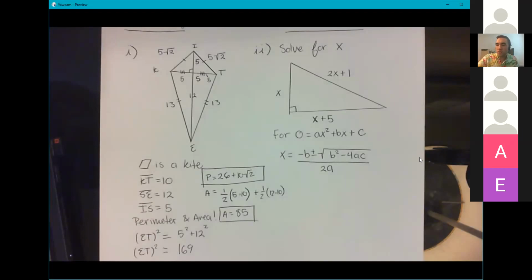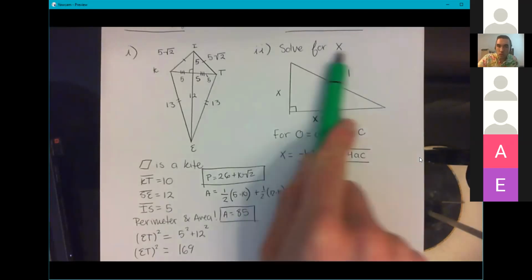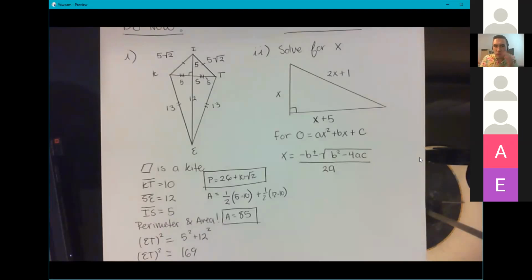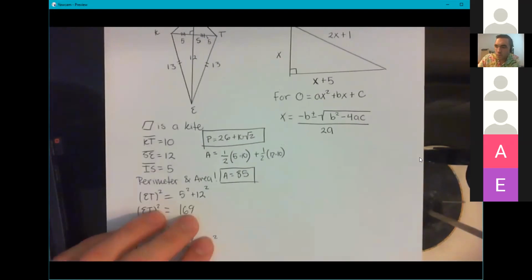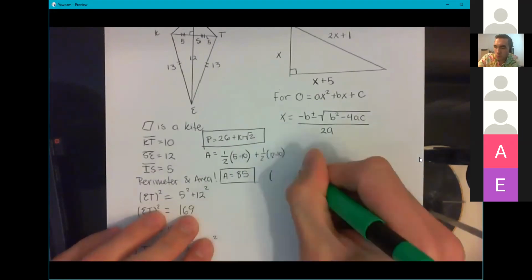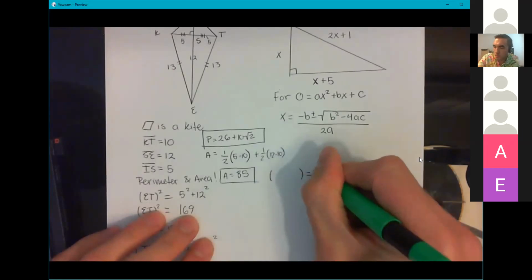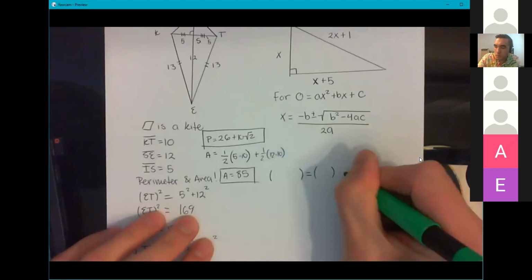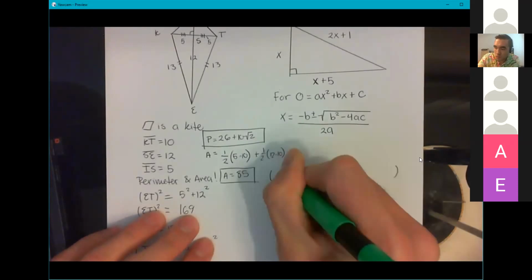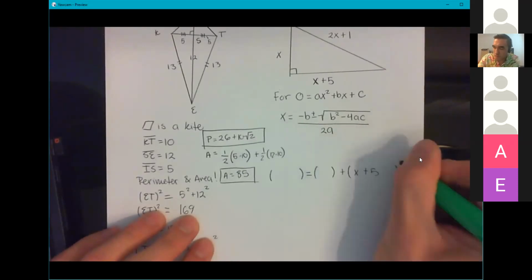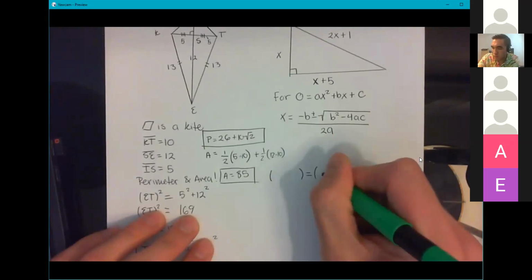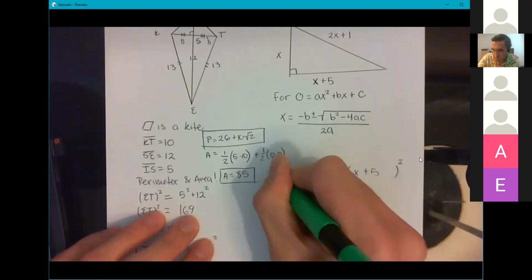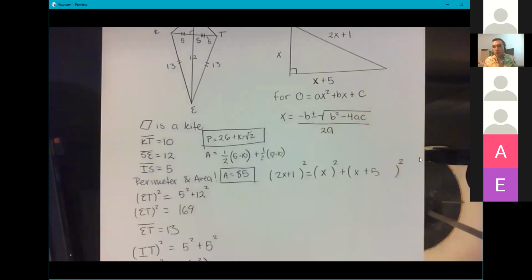Step number 1, we're going to set up the Pythagorean theorem for this equation, which is going to cause it to kind of blow up on us. How do I set that up? x plus 5 times x plus 5 equals 4x squared, which equals 2x plus 1 times 2x plus 1.